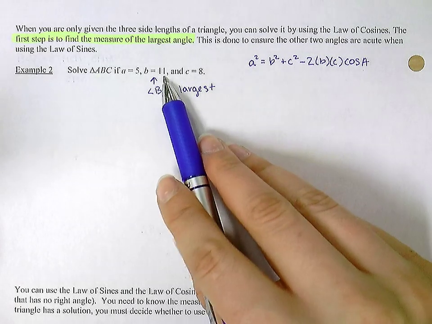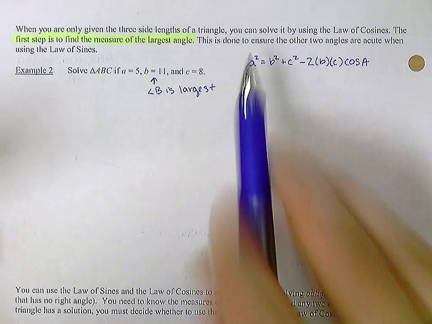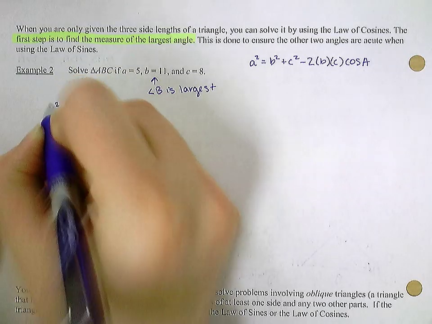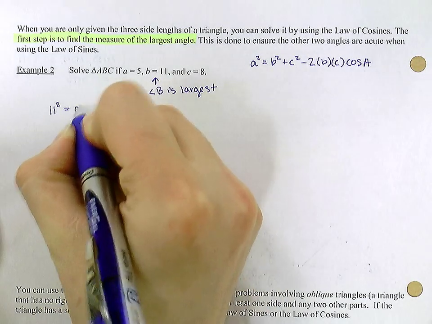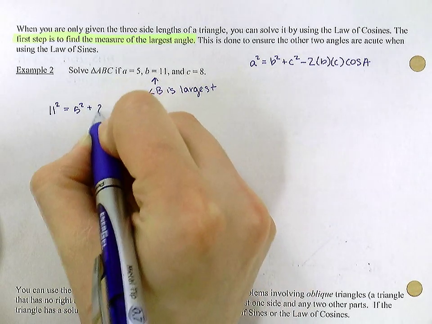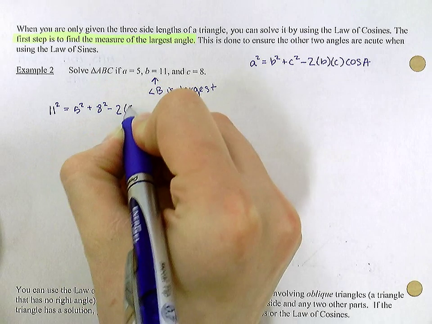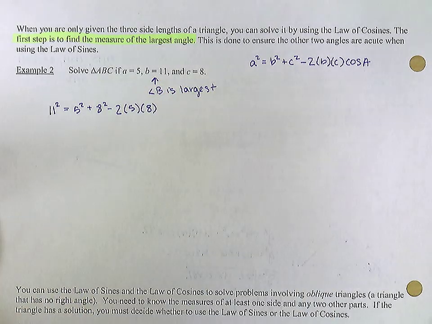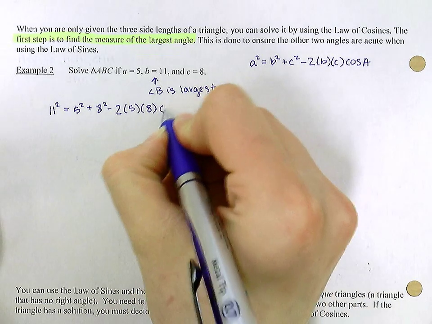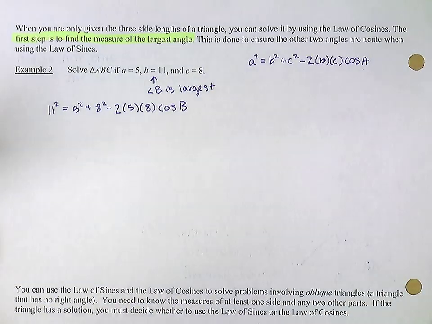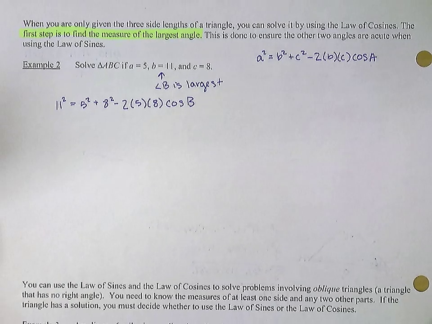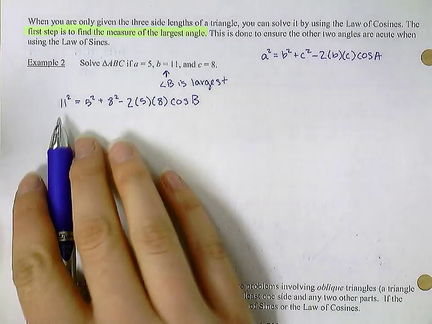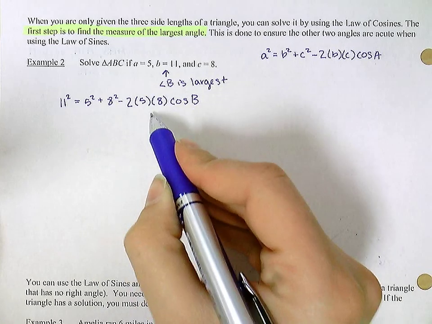Okay, so I'm plugging in 11 for this spot here. So I would have 11 squared is equal to 5 squared plus 8 squared minus 2 times 5 times 8 times the cosine of B, since I want to solve for B first. Okay, next, square all your terms here, multiply these three together.